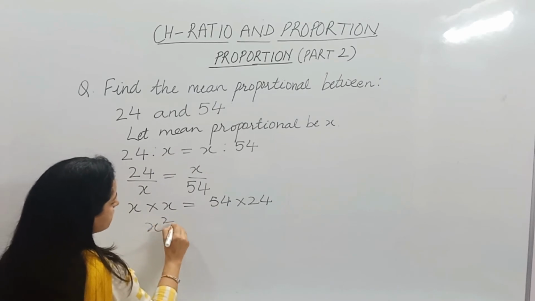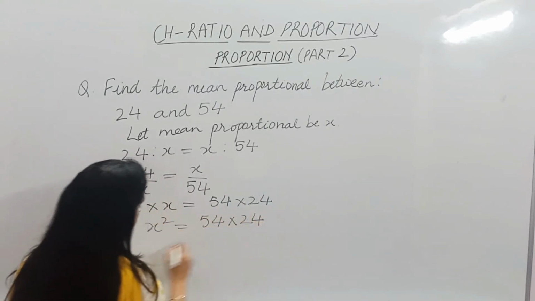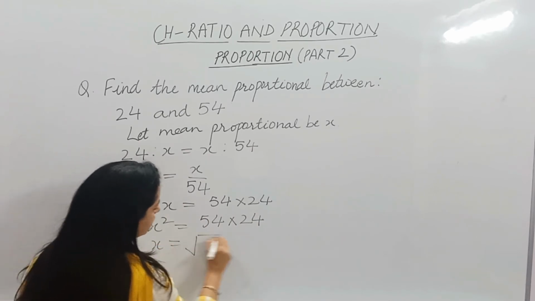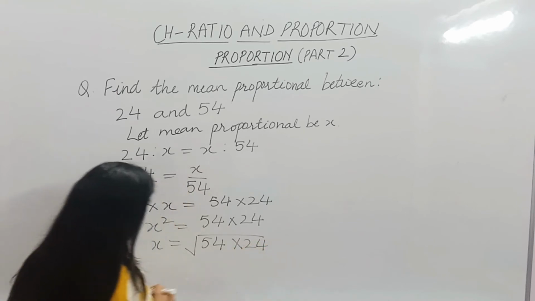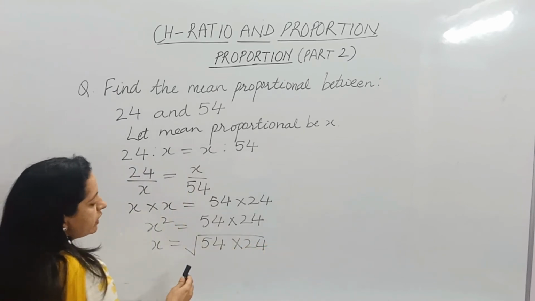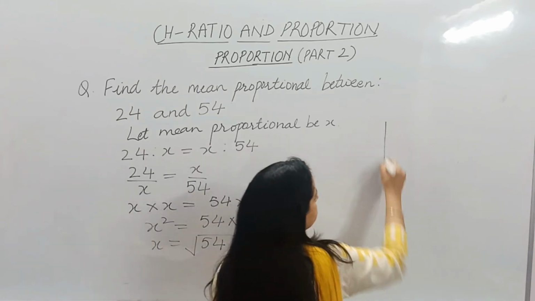X square is equal to 54 into 24 and then x is equal to square root of 54 and 24. Now in this case, you can find the square root of this by prime factorization method. I'll explain how to do it.